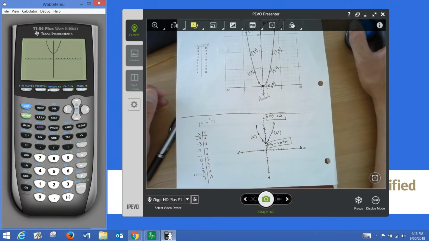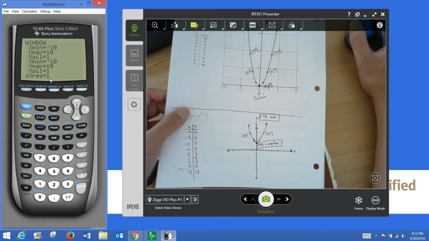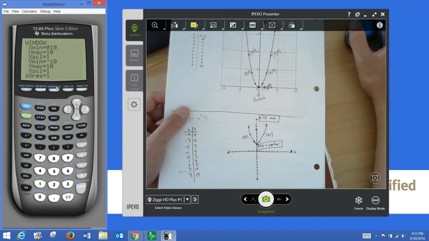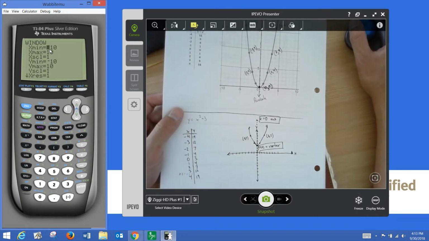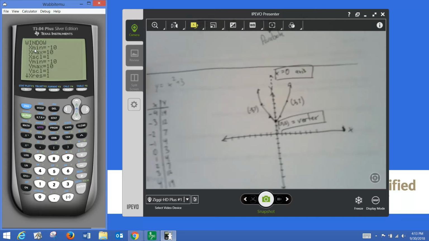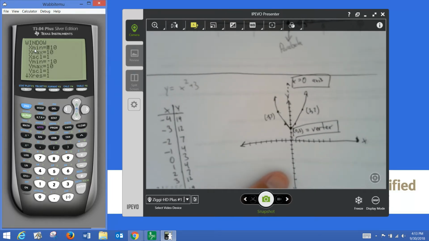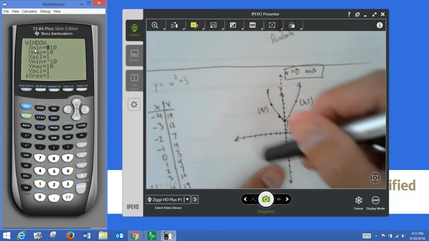Here's what I can do. I can actually go to the window. I know it's kind of hard to understand, but imagine my graph here on your right-hand side. This is sort of like a window, right?